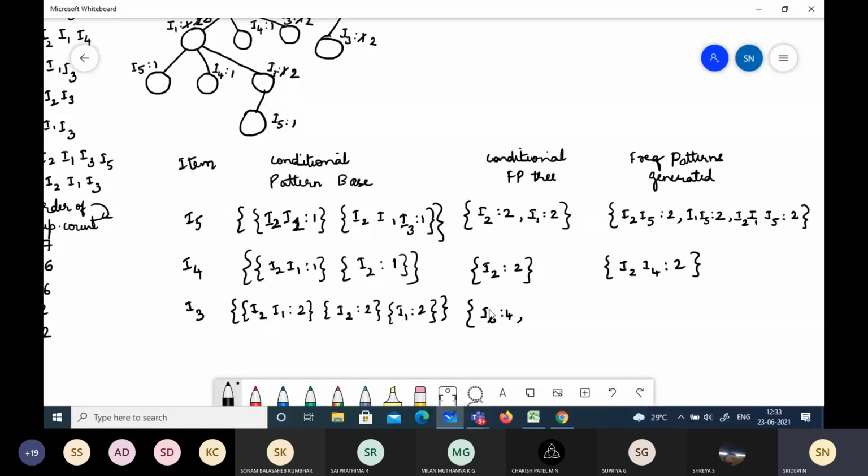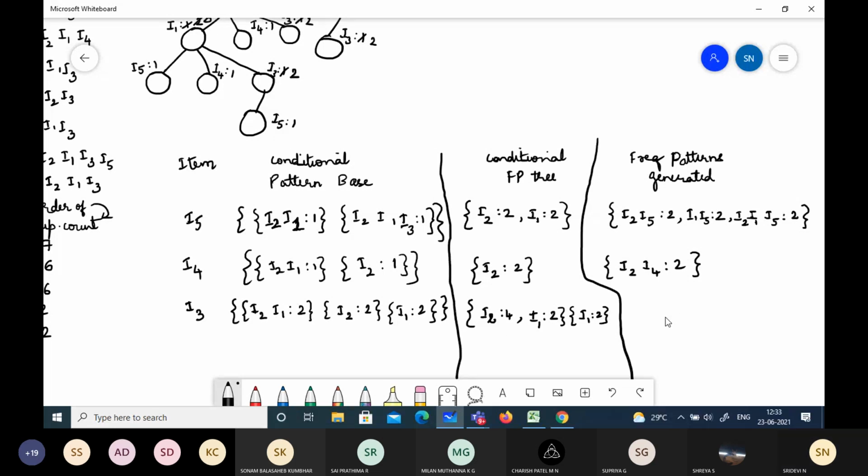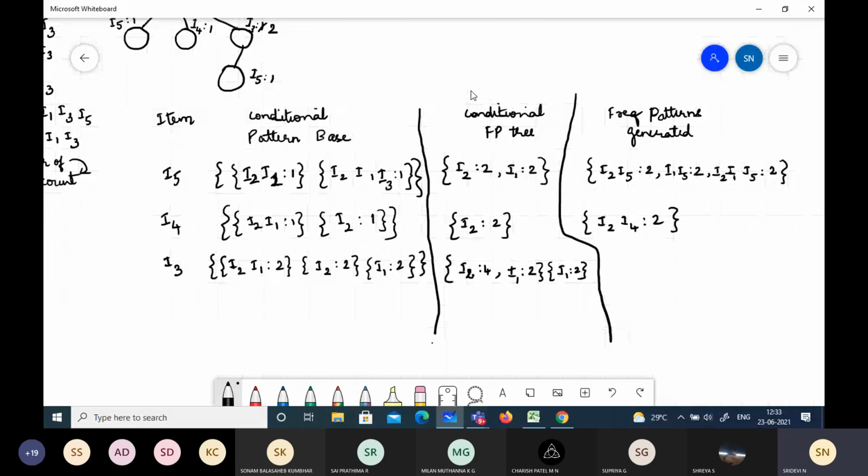So I1 here twice. And in the right subtree we have I1, which is twice.